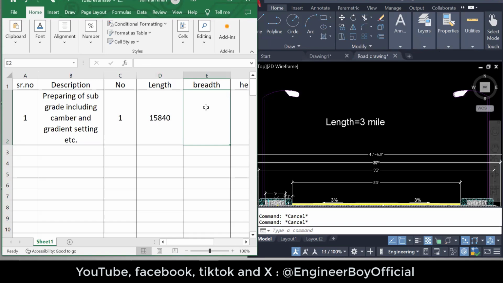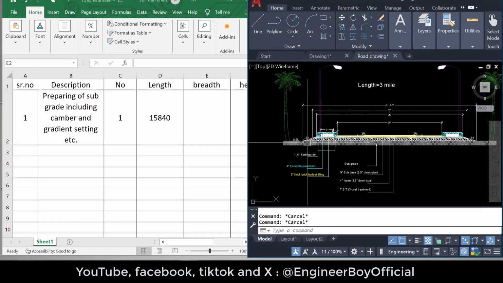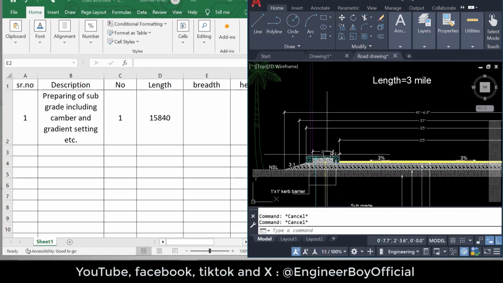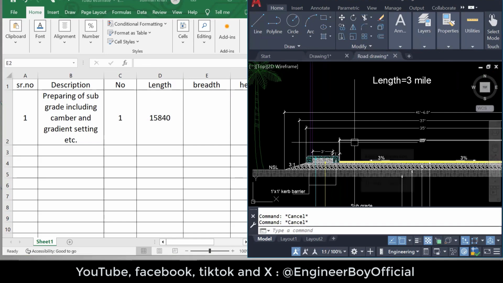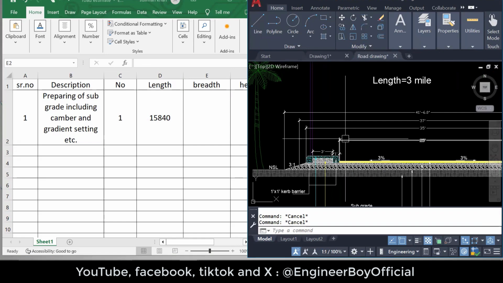Now, the breadth of the same thing. It should be given over here, as you can see. And this is also known as the land width. If you're a little bit familiar with terminologies related to roads, there can be different terminologies such as carriageway, land width, formation width, and so on.